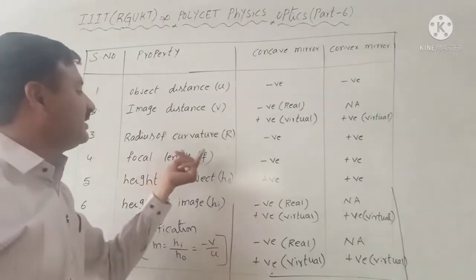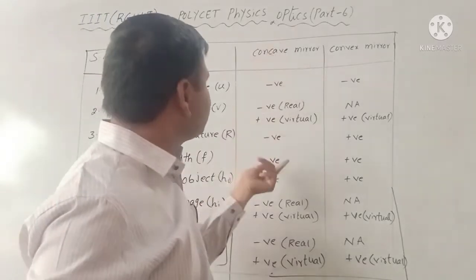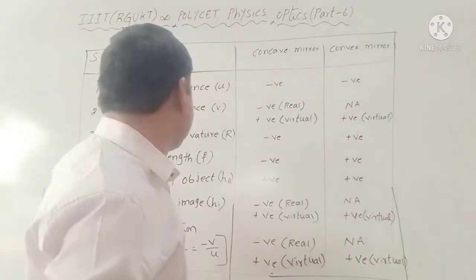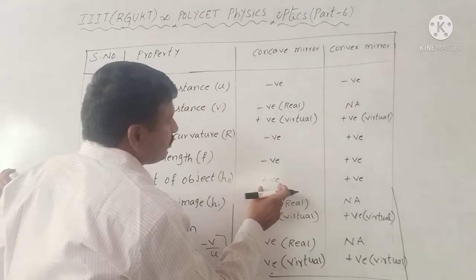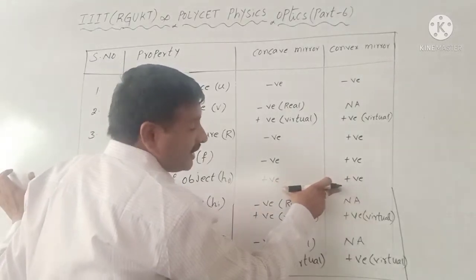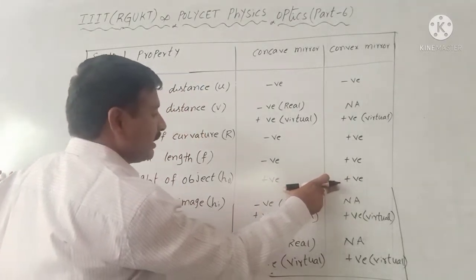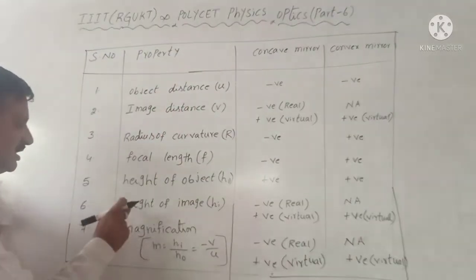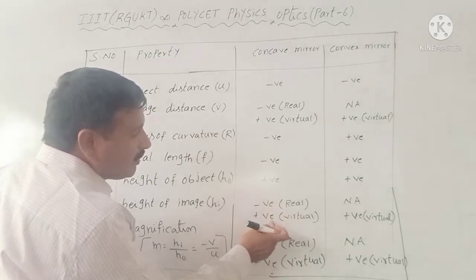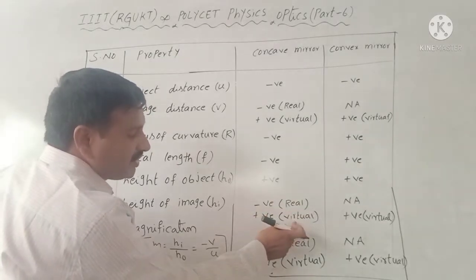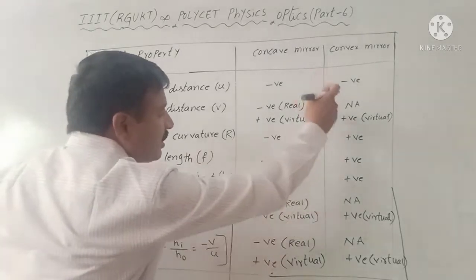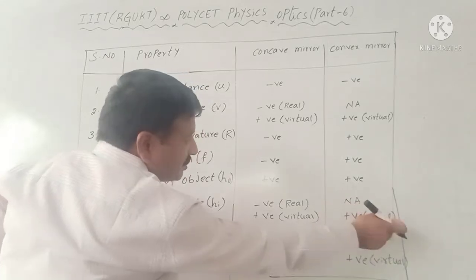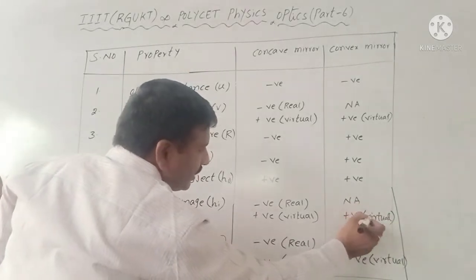Next, focal length: concave is negative and convex is positive. Height of object, either convex or concave, both are taken positive. Next, height of image, negative or positive: negative is real and positive is virtual. For convex, it is the virtual image only, a positive image.